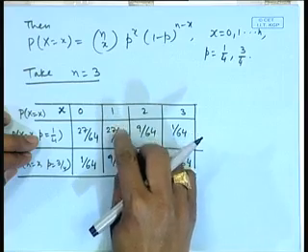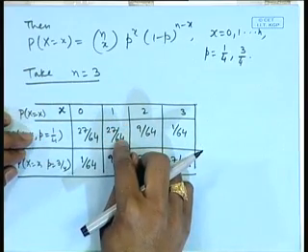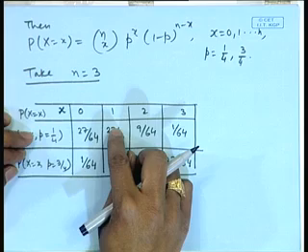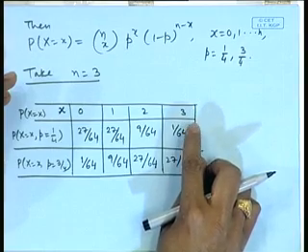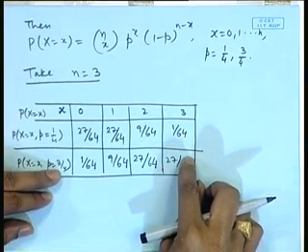Similarly, when x equal to 1, then corresponding to p equal to 1 by 4, you have a higher probability. That means it is more likely that the number of black balls is less in the urn, because 3 times you have drawn and you are getting only either none or 1 black ball. Whereas, if you get a black ball all 3 times, then the probability is higher for p equal to 3 by 4.